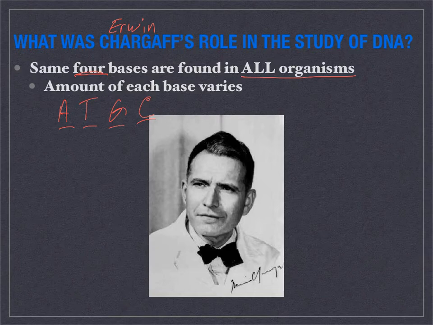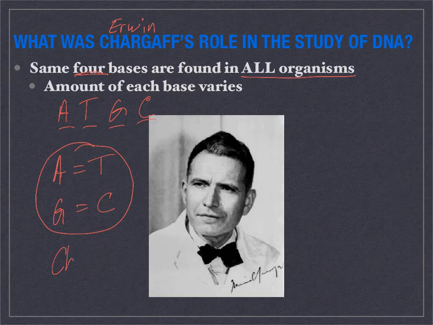Second, he noticed that the amount of adenine equaled roughly the amount of thymine, and the amount of guanine equaled roughly the amount of cytosine, in about the same ratio. This relationship, A equal to T and G equal to C, became known as Chargaff's rules. These rules of base pairing were what other scientists used to discover the structure of DNA.